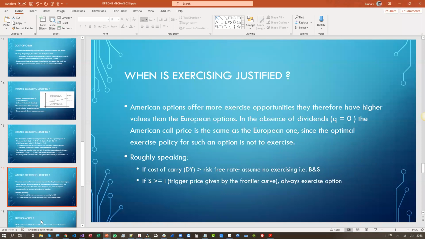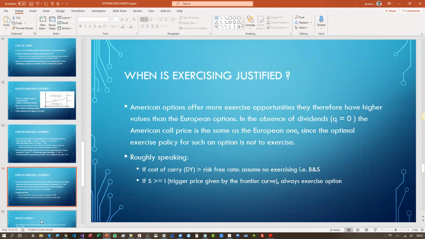Maybe I'm repeating myself here, but American options offer more exercise opportunities. They therefore have higher values than European options. That makes very clear sense. Also quite obvious is that if there are no dividends, the pricing is exactly the same, which is also a motivation for going back to Black and Scholes.